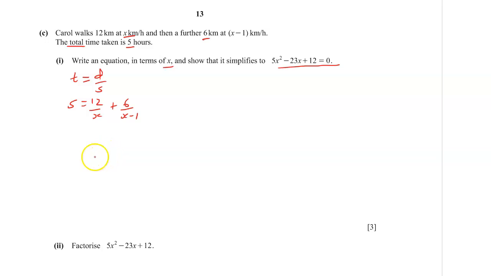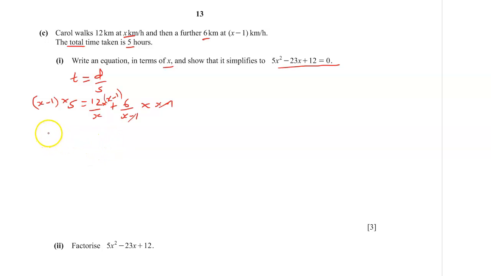So for this equation, multiply both sides by x minus 1. Let me show you now. Also multiply here by x minus 1, to remove the fraction there.